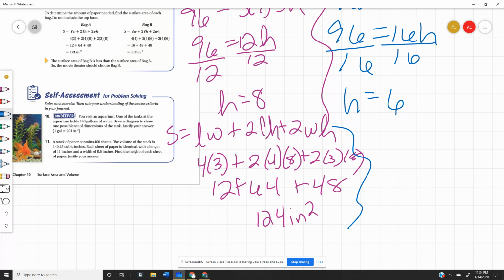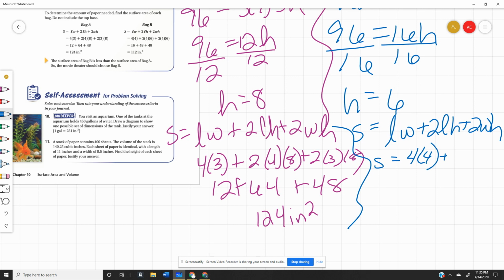Now let's do the same thing, same exact formula. Surface area equals length times width plus 2 times the length times the height plus 2 times the width times the height, okay? Surface area equals, we're going to do 4 times 4 for the base plus 2 times 4 times 6 plus 2 times 4 again.